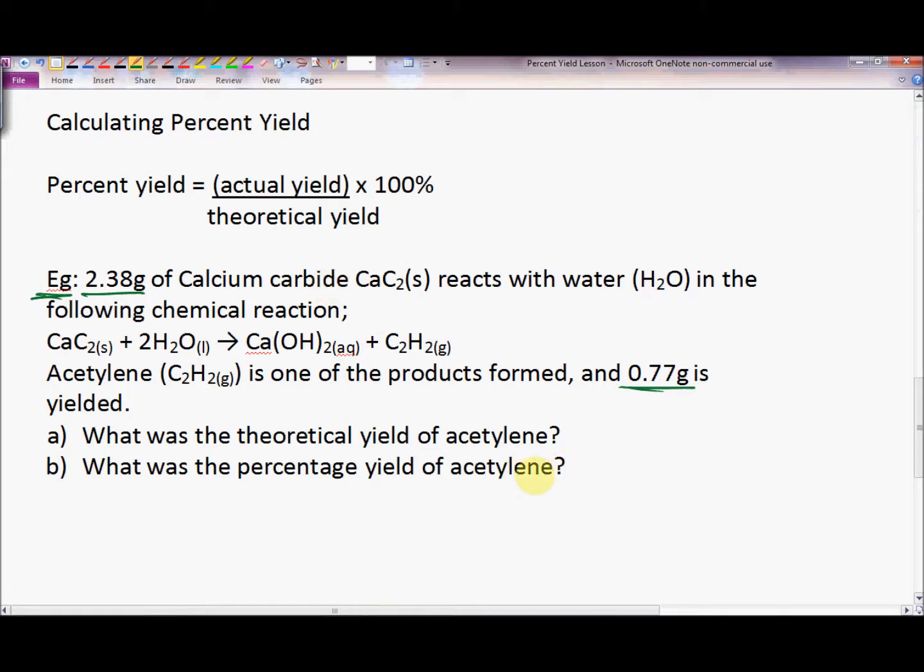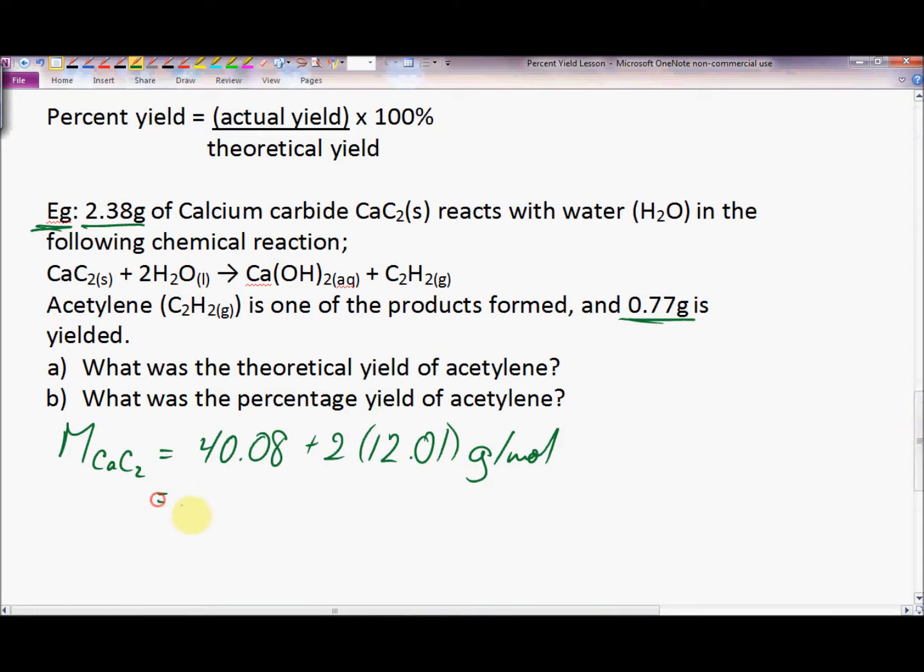So we're just going to first figure out the molar mass of calcium carbide. That's going to be 40.08 plus 2 times, for carbon, 12.01, and this is all in grams per mole. Okay, so that's the molar mass of calcium carbide, and in total that works out to 64.1 grams per mole.